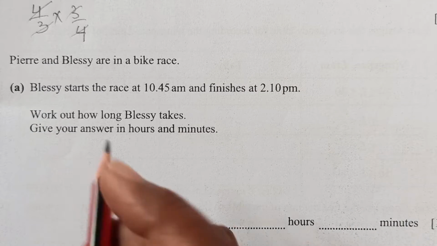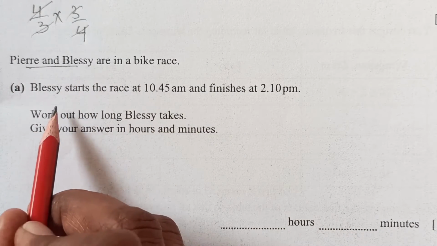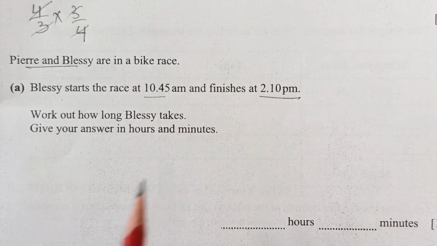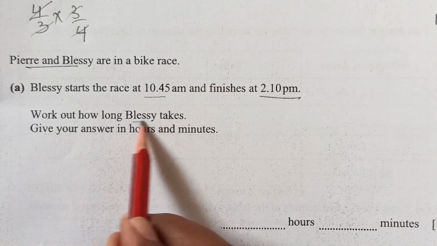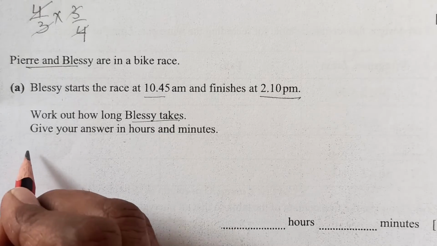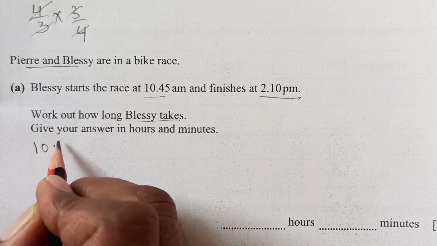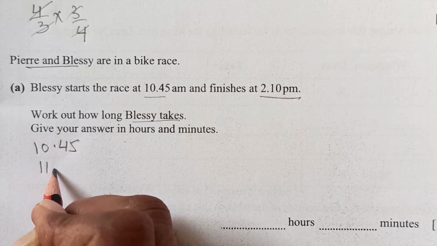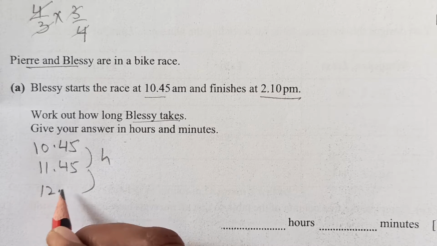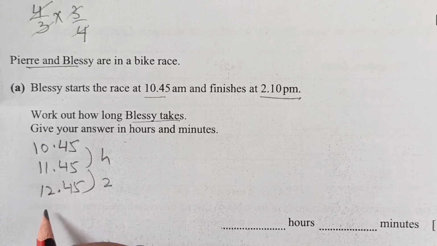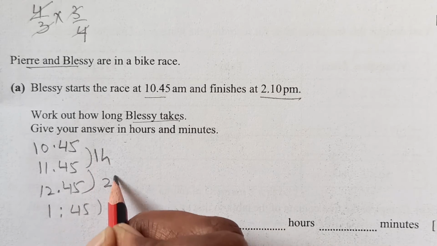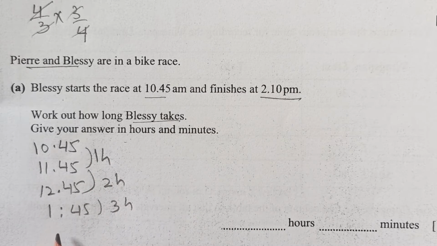Pierre and Blasi are in a bike race. Blasi starts the race at 10:45 a.m. and finishes at 2:10 p.m. Work out how long Blasi takes. Give your answer in hours and minutes. So she starts at 10:45, right? So 10:45 to 11:45 is 1 hour, 12:45 is 2 hours, 1:45 is 3 hours.